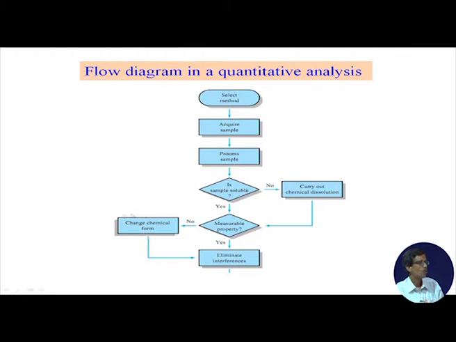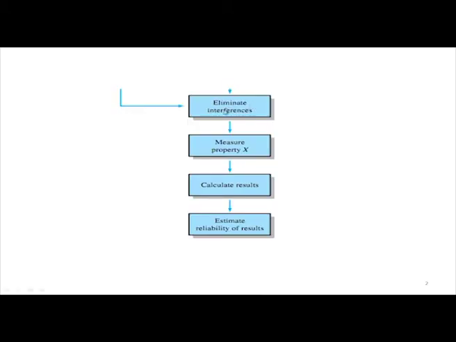That reagent can give rise to something which can interact with the species, and we can get something which is a measurable quantity. It may not be colored. It is an insoluble precipitate, and that can be weighed out for the corresponding estimation of aluminum. So, once we eliminate these interferences, we measure the property X.